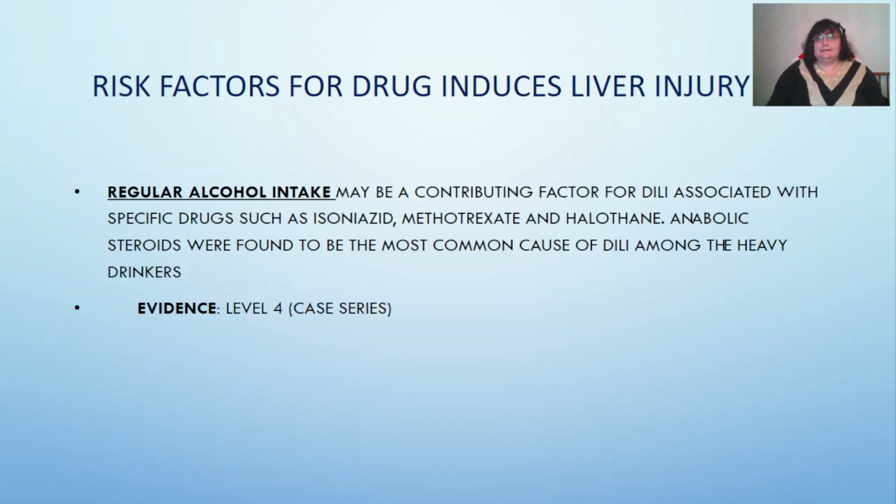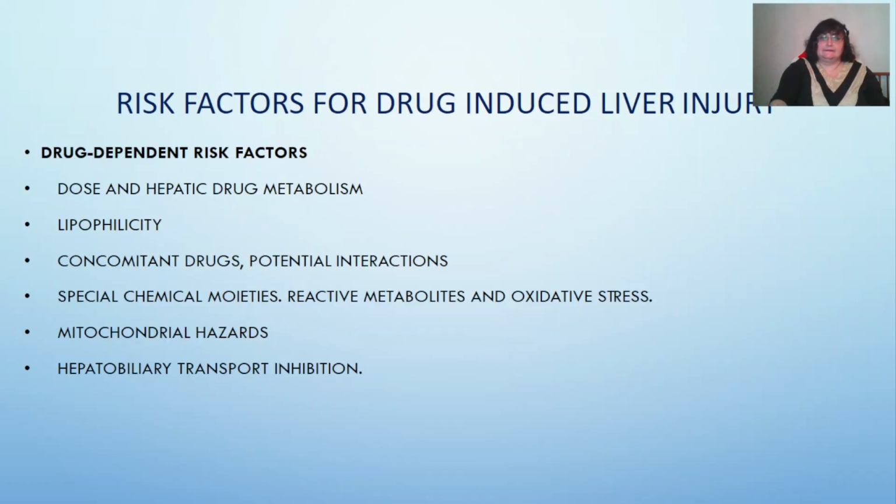Regular alcohol intake may be a contributing factor for DILI associated with specific drugs such as isoniazid, methotrexate, and halothane. Anabolic steroids were found to be the most common cause of DILI among heavy drinkers. Evidence level 4, case series.